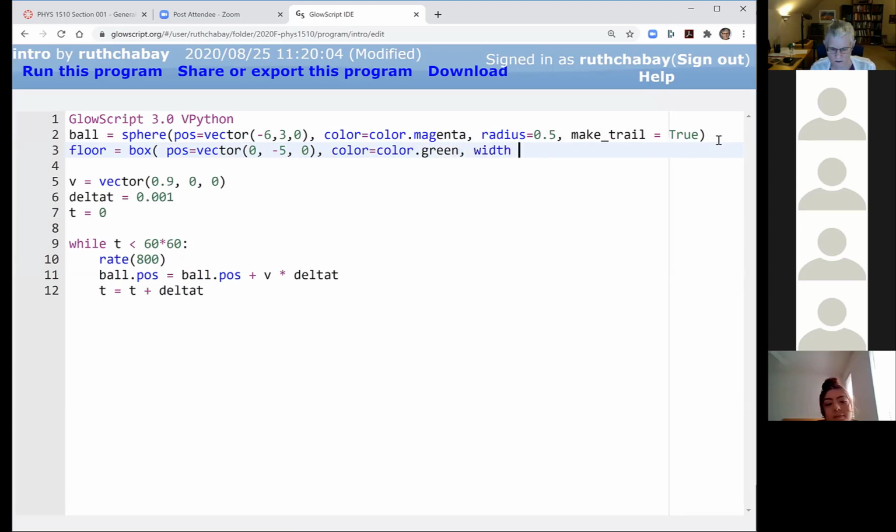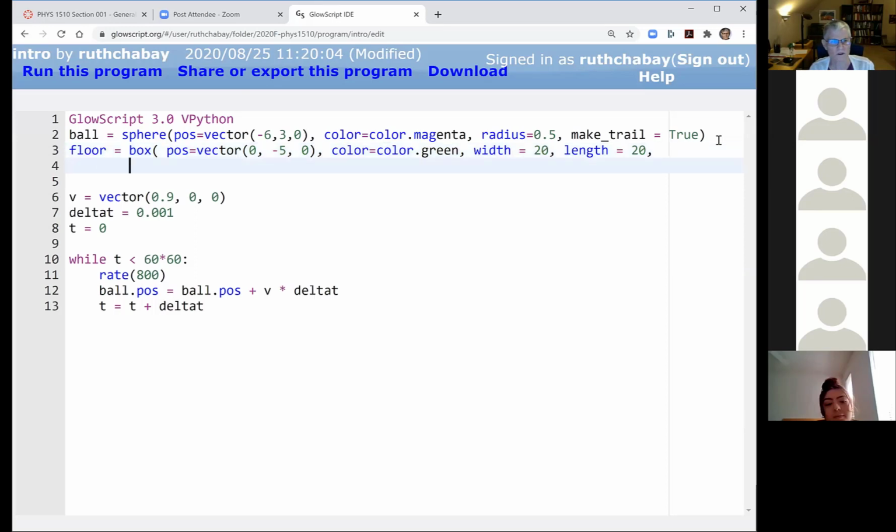And width is, let's say, 20 meters. Length is 20 meters. And height, let's put this on the next line. Height is not very thick, 0.05 meters, and we'll make it green. We already made it green. All right.